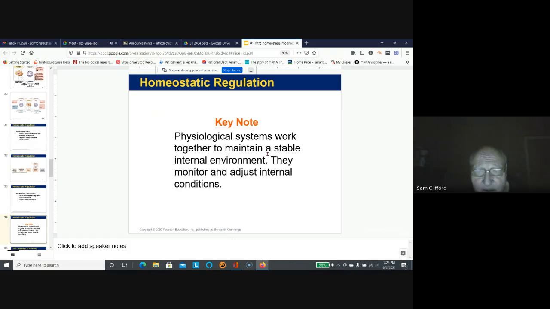So physiological systems monitor and maintain all of the various components at their proper place and proper level.